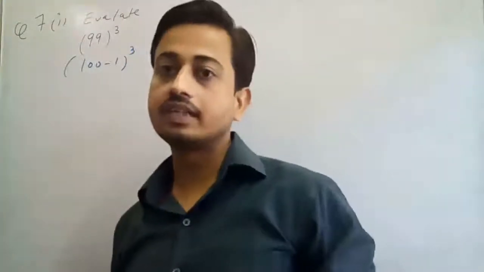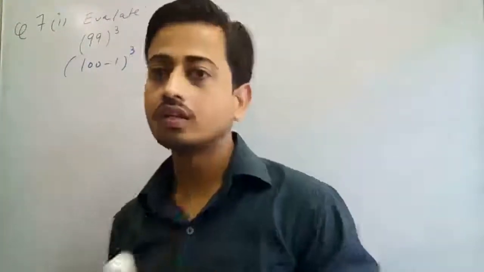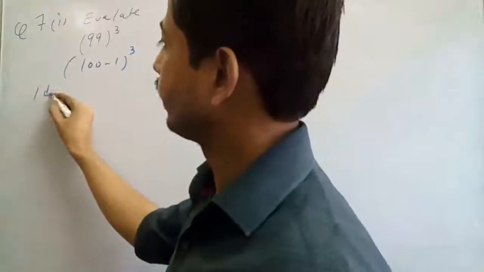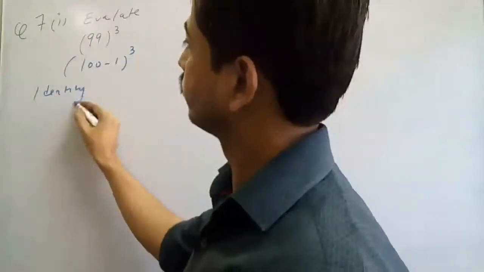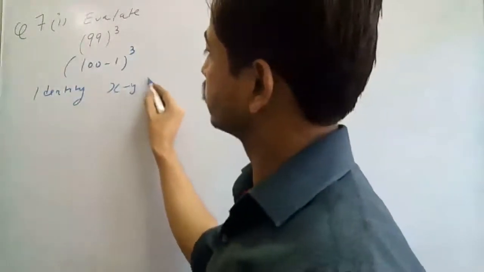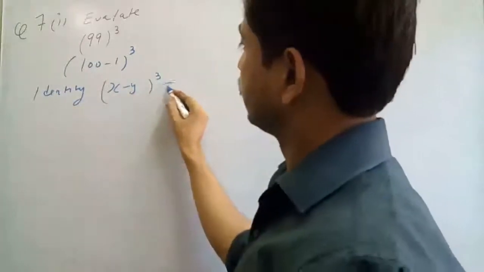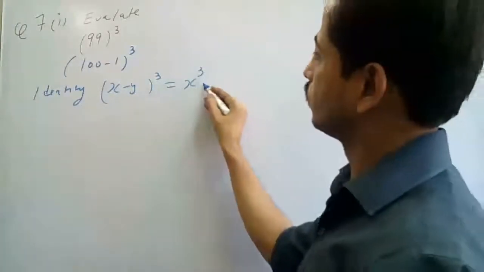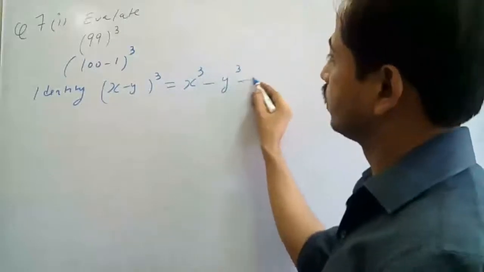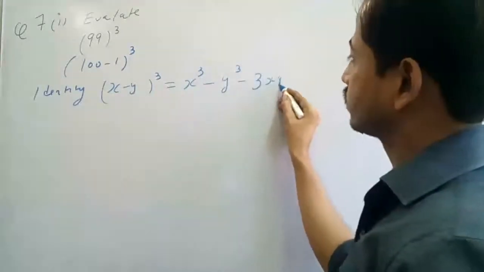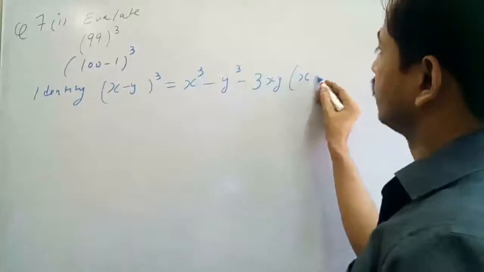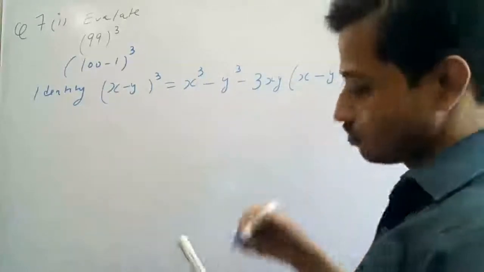Now it matches with the identity x minus y whole cube. Now the identity is what? x minus y whole cube is equal to x cube minus y cube minus 3 multiply x multiply y into x minus y.